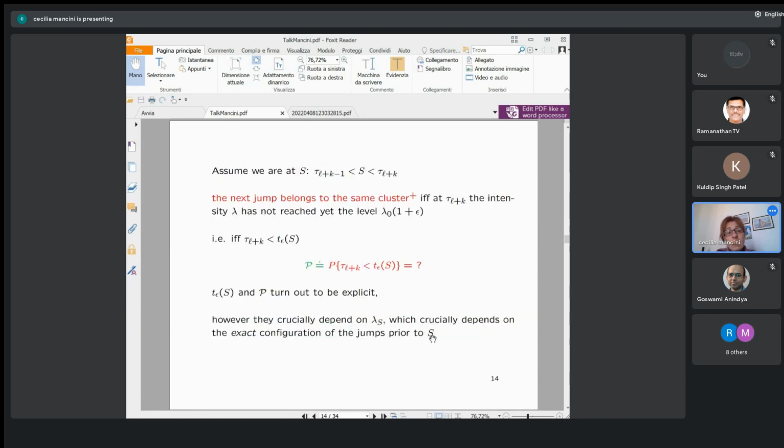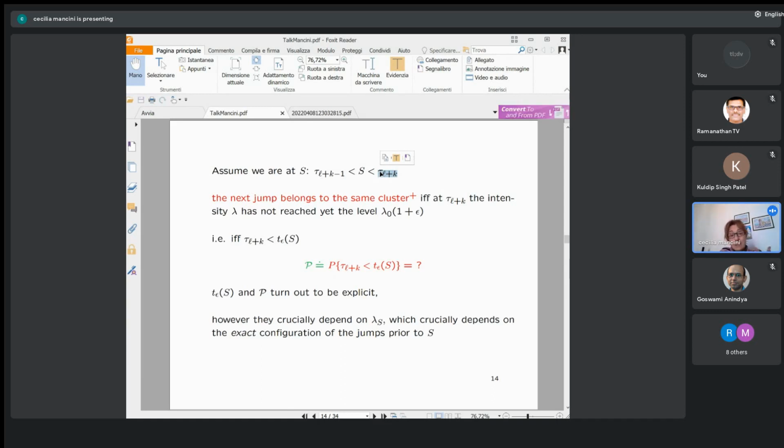So let us rename tau I like this, and tau I plus 1 like this. We observe the cluster up to this time, and we don't know whether this will still be part of the cluster or not.